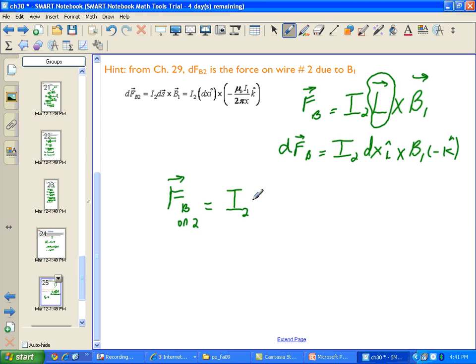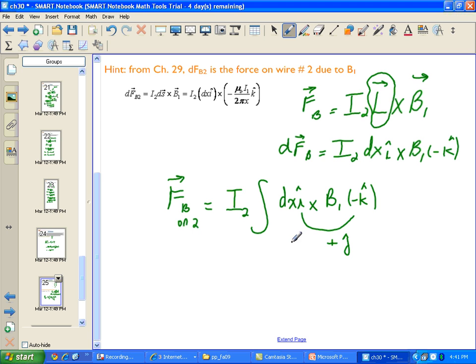So we can pull out the I2 because that is constant throughout, but our integral is going to be dx i hat cross b1 minus k hat. And if we look at the cross product of i hat cross negative k hat, that gives us a positive j hat direction.